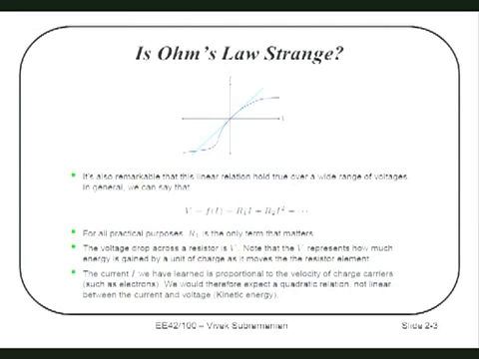Current depends on the number of electrons, and it depends on how fast they're moving. But we would expect the speed to have a quadratic relationship with voltage, because speed is quadratically related to kinetic energy, and voltage is a potential energy measure. So I would expect a quadratic relationship between the velocity of electrons and voltage.